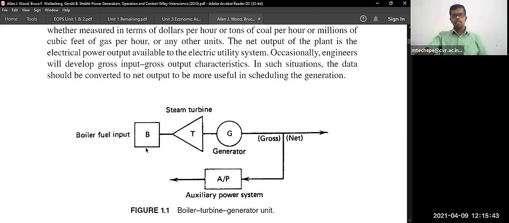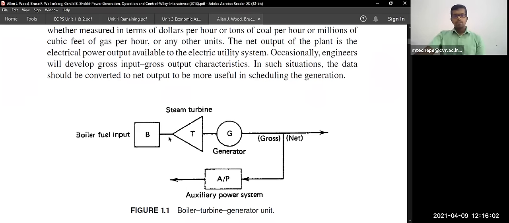The temperature in the boiler is approximately 600 degrees Celsius to a maximum of 1000 degrees Celsius. It may go up, depending on the type and the size of the generating unit.